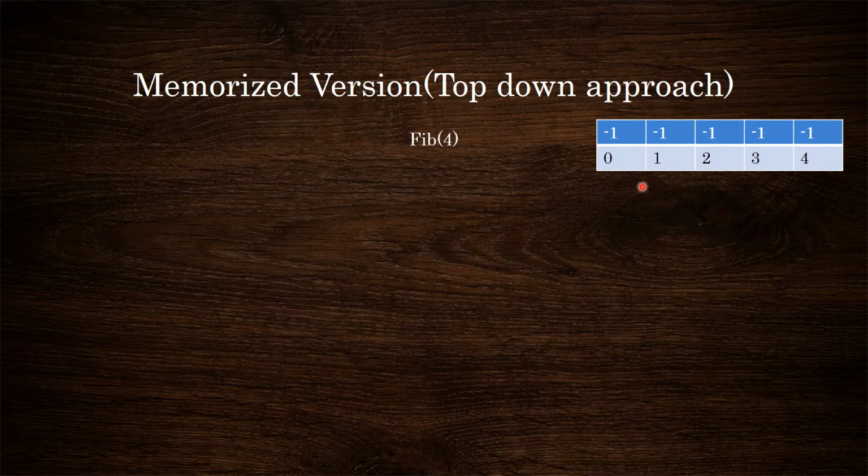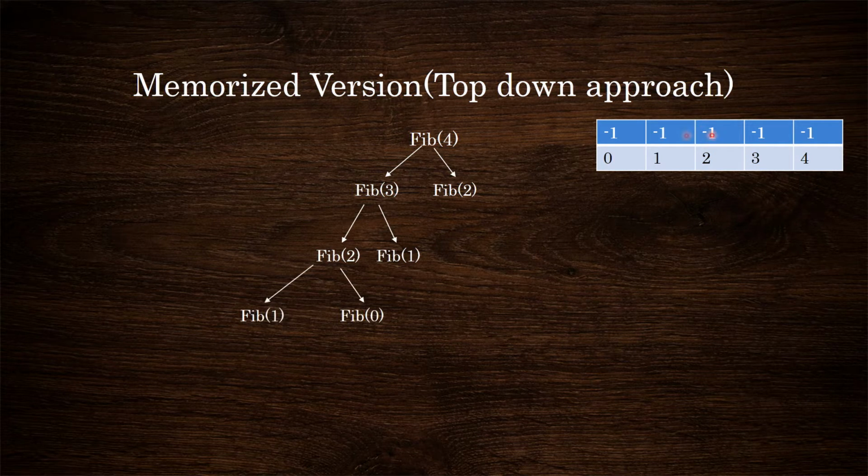Now the approach would be, if we get minus 1, the index will expand. For example, Fibonacci of 4 is minus 1, we will expand. Then we have Fibonacci of 3, which is minus 1, we will expand. Fibonacci of 2 is minus 1, we will expand. And finally we get the base case, which is Fibonacci of 1 and Fibonacci of 0. And we know the base case in this scenario: Fibonacci of 1 equals 1, Fibonacci of 0 equals 0.